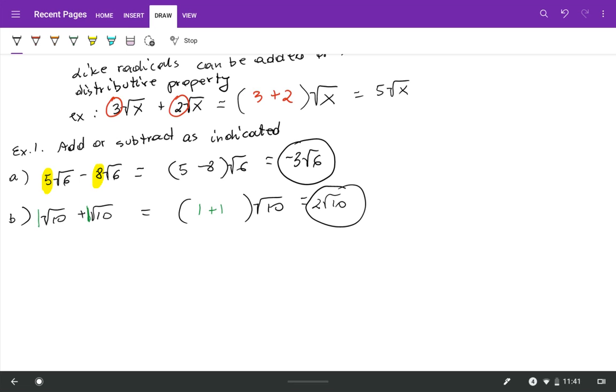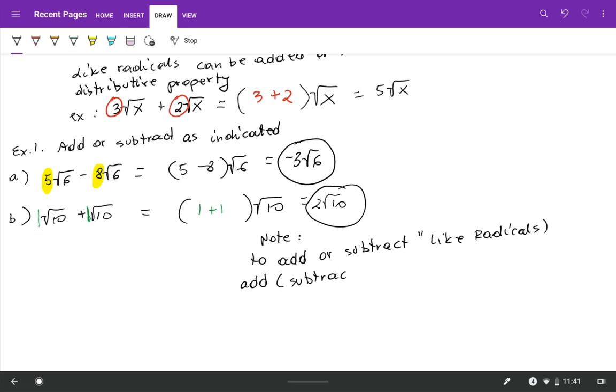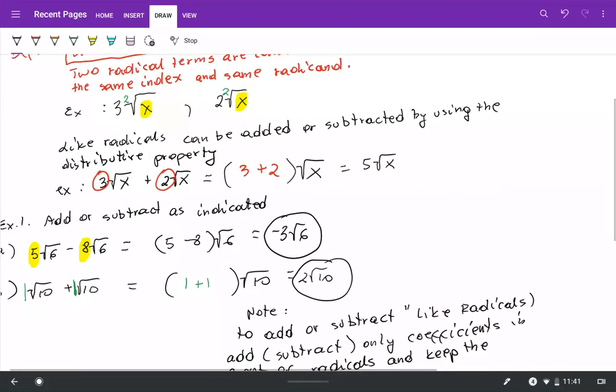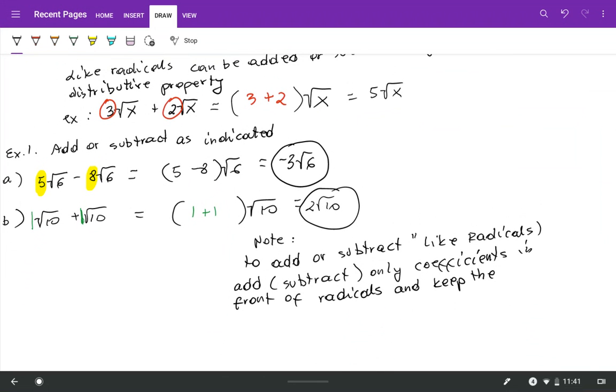Okay, so note: to add or subtract like radicals, because we can only do that with like radicals, add or subtract only the coefficients in front of the radicals, and keep the radicand without any changes.